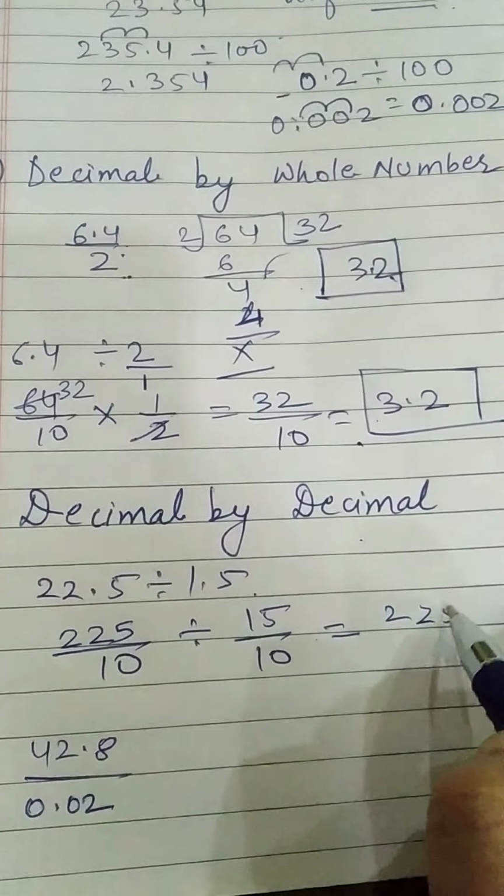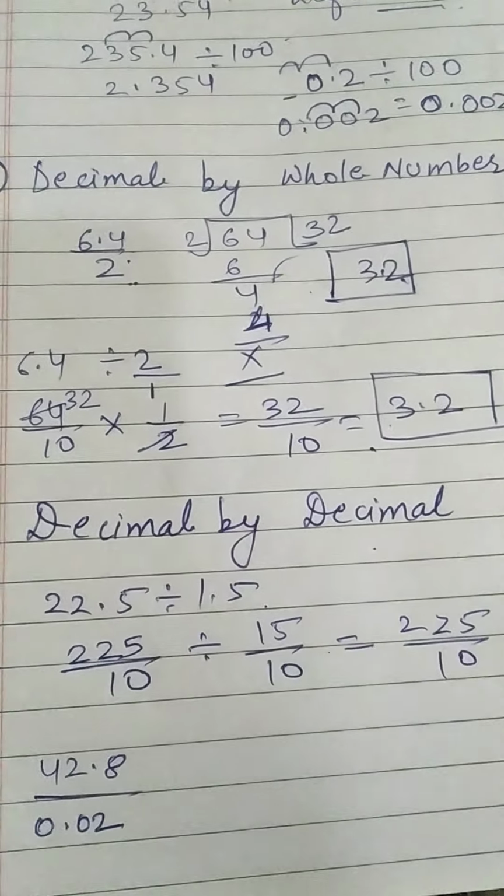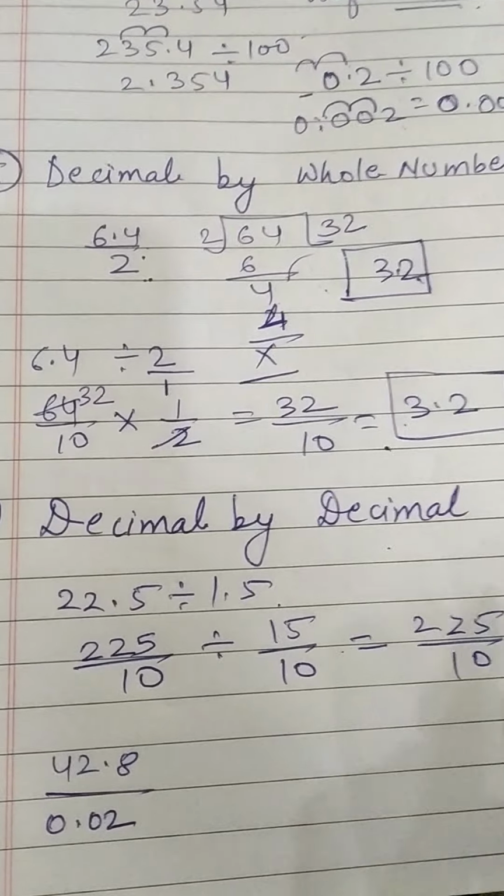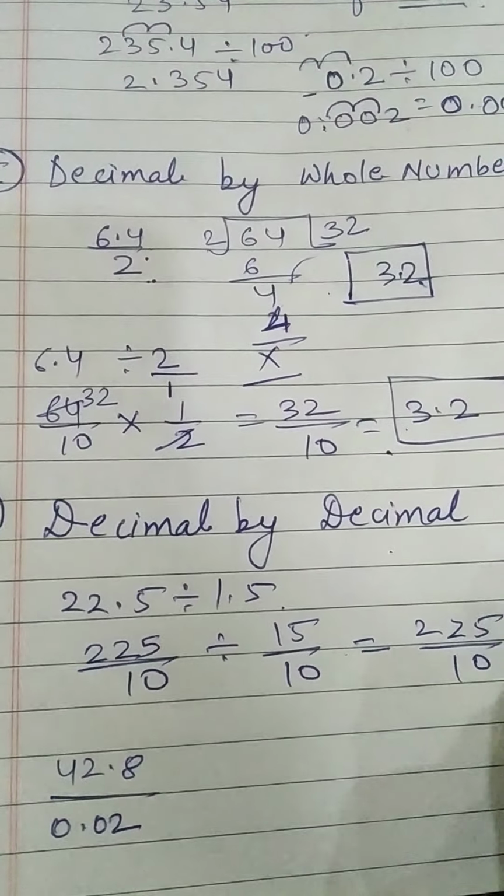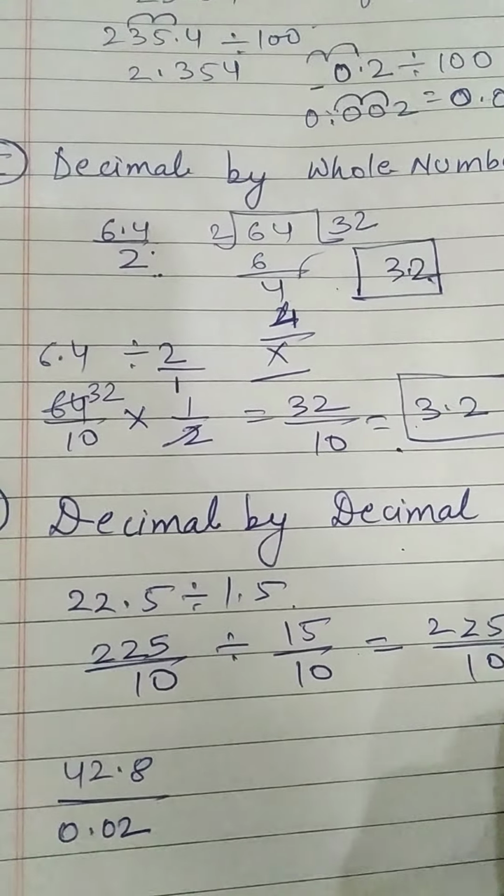Again, same as you were dividing the fractions, divide will be changed into multiply by the reciprocal, 10 by 15.